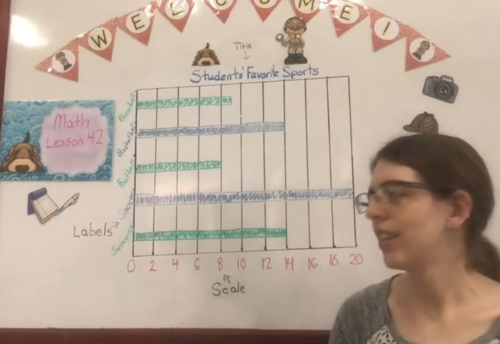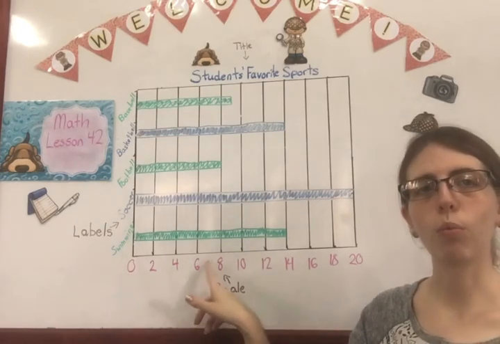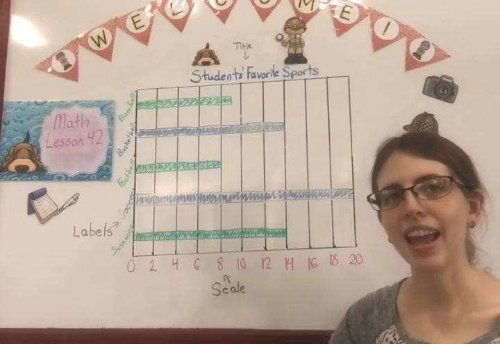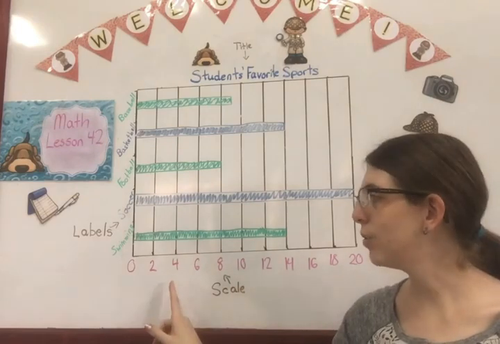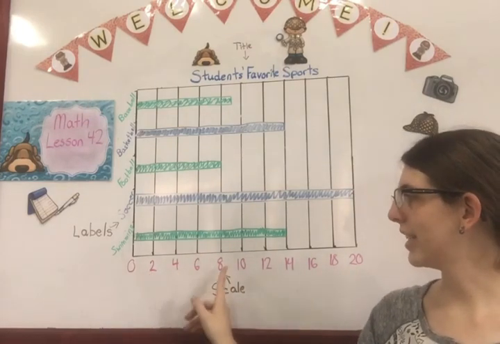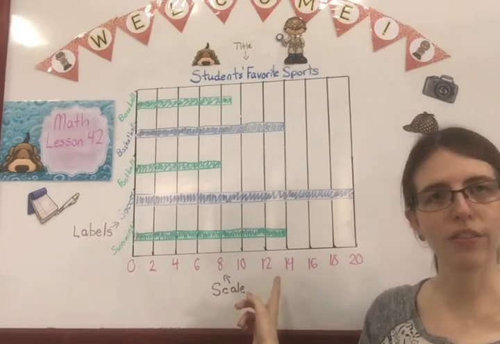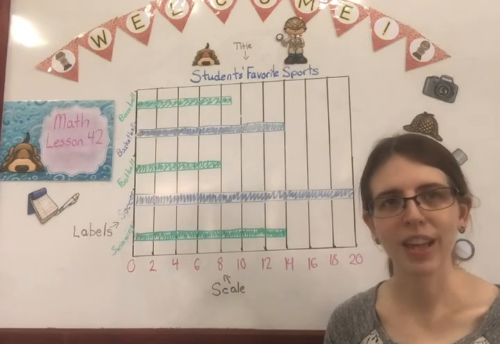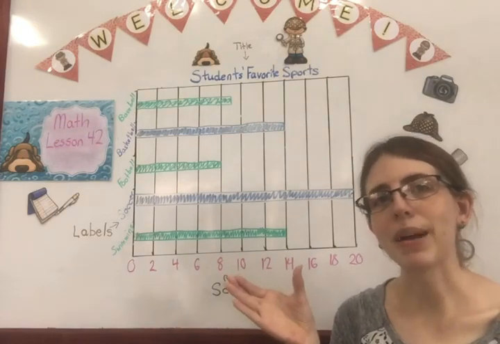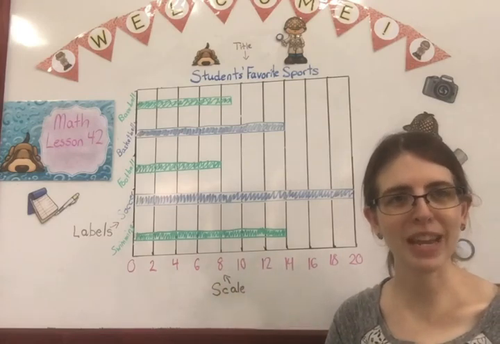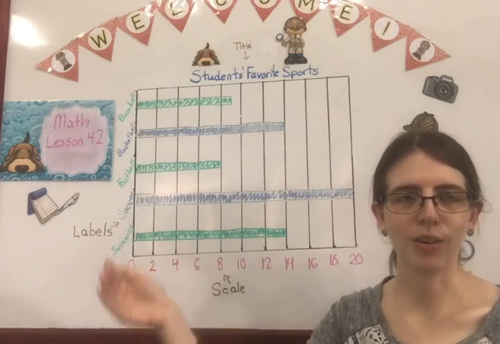Now notice, I don't go from 0 to 1 to 2, 3, 4, 5 like that. I'm counting by twos on this scale. 0, 2, 4, 6, 8, 10, 12. So it's perfectly fine to skip numbers, because that is able to make my graph smaller, so I can show more information by counting by certain numbers.